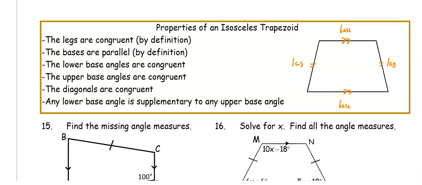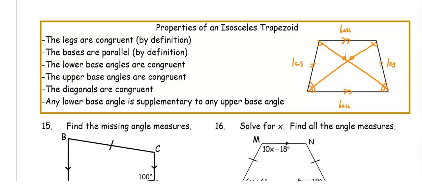The upper base angles and the lower base angles are congruent. So just like an isosceles triangle, your base angles are going to be congruent, but this time we have two bases. We also know that our diagonals are congruent. And the lower base angles are supplementary to the upper base angles, which makes sense because of the parallel lines. So these are same side interior angles.